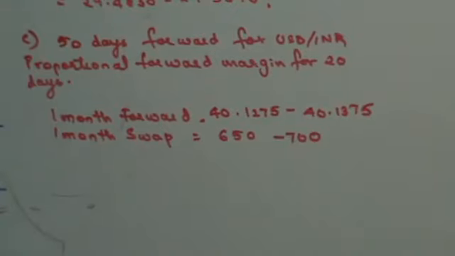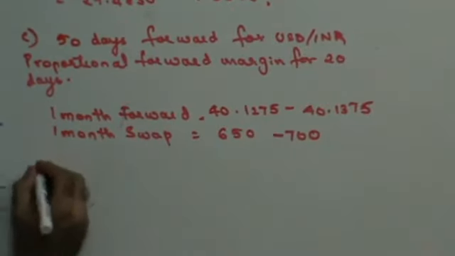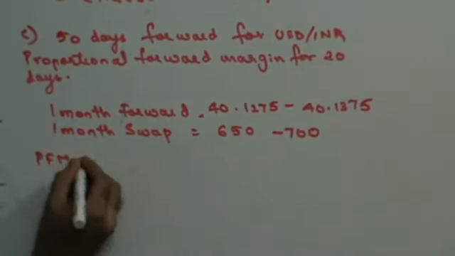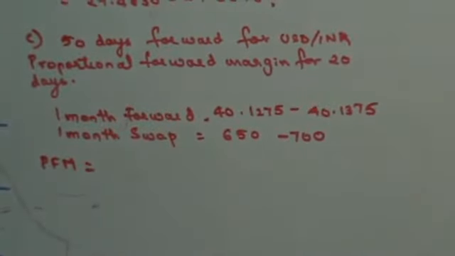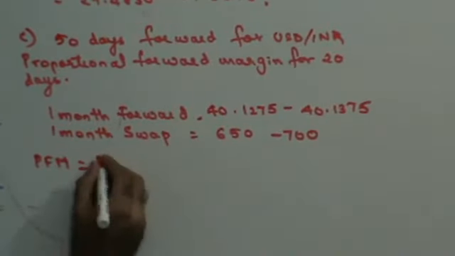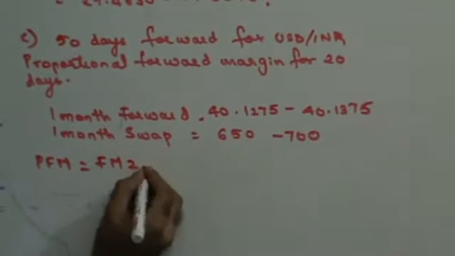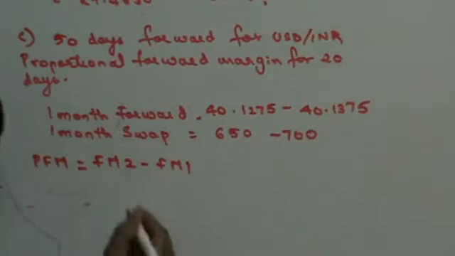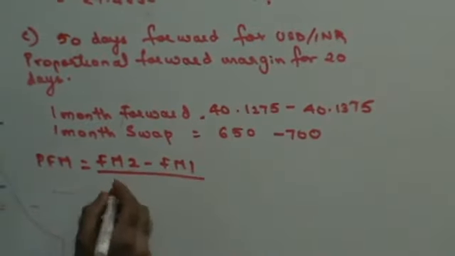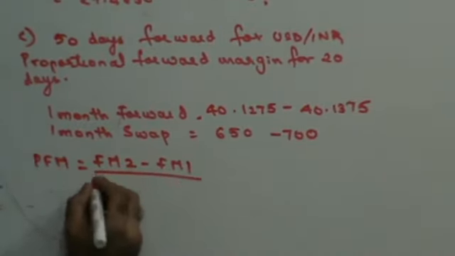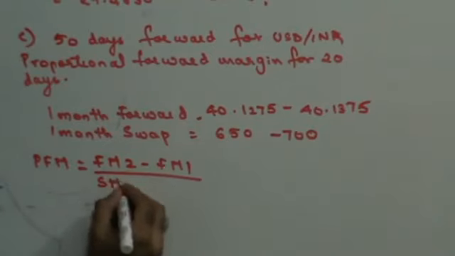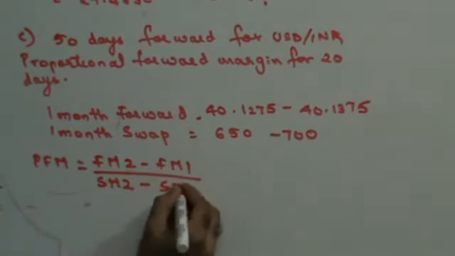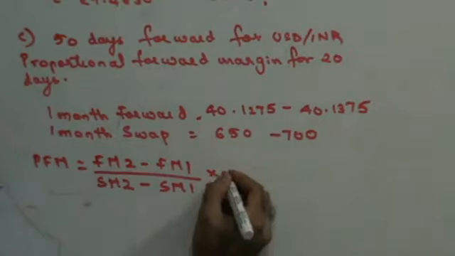In that case, how do I get my proportional margin? My proportional forward margin is given by the formula: forward margin of the final period minus forward margin of the initial period, upon second standard maturity minus first standard maturity, into required days.